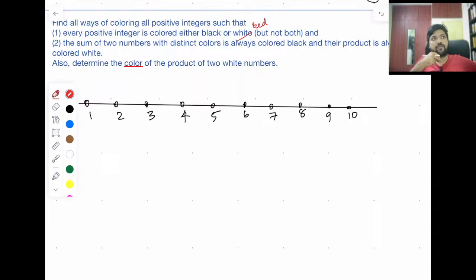I don't think we have the freedom to choose primes also because of the sum condition. I mean, sum of two numbers can be primes.